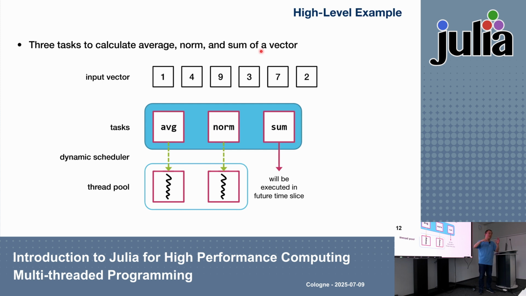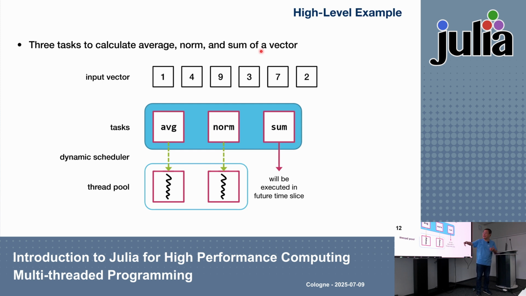There's no one-to-one fixed mapping for this. And the third task is to calculate the sum. On the other hand, you may have only 2 threads. Then the dynamic scheduler will determine which task will be scheduled to be executed.